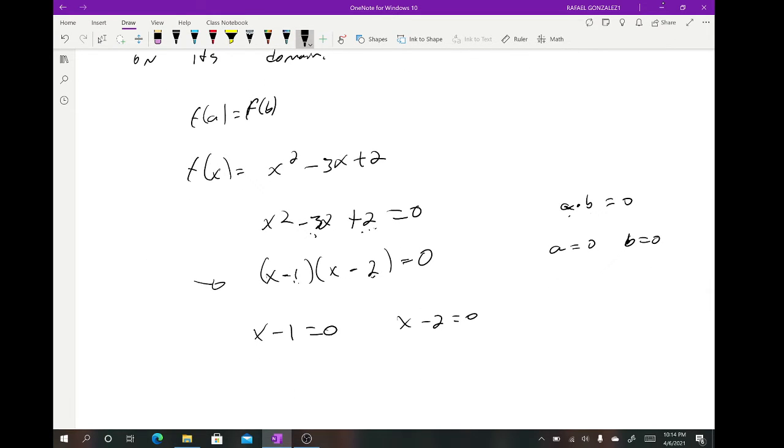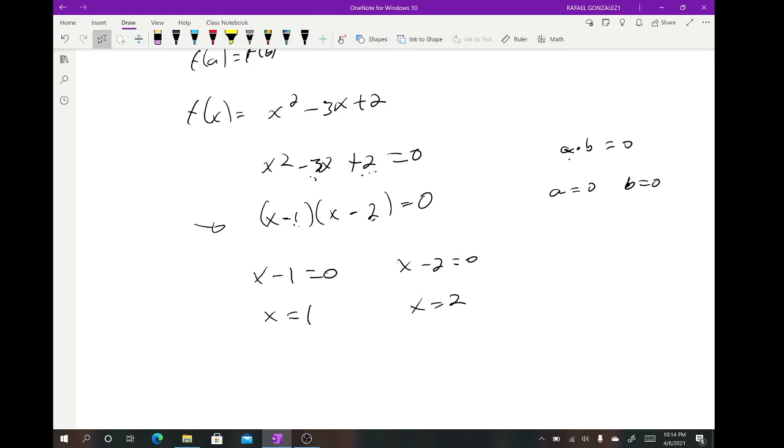So this equation right here is true if x is equal to 1 or x is equal to 2. So if x is equal to 1, we get 0, and if x is equal to 2, we get 0. Now that we have this, we have our interval. We have the interval from 1 to 2.